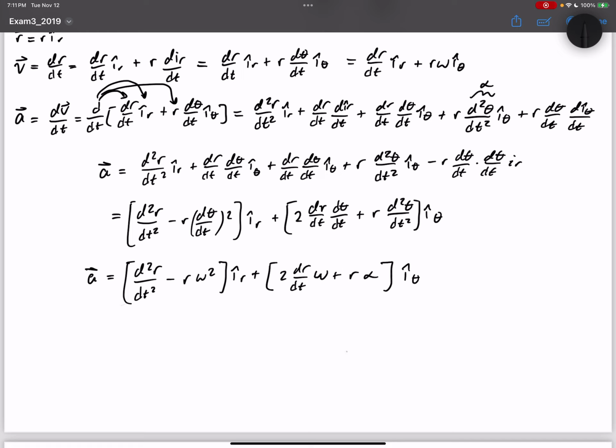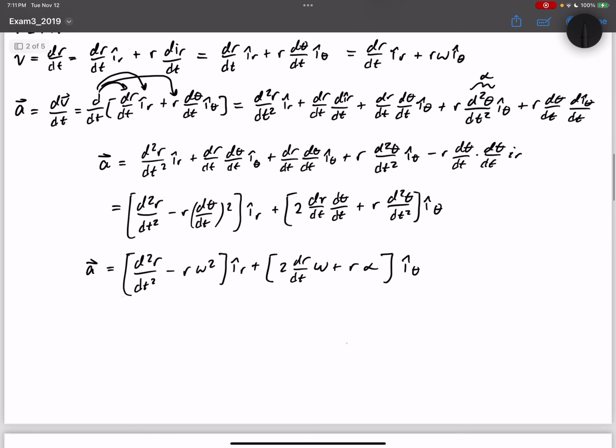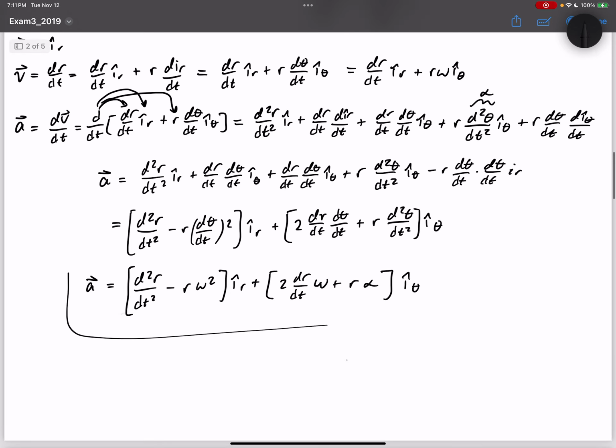And so there we go. We've got our acceleration and we've got our velocity. Cool. All right, so that's our answers here.